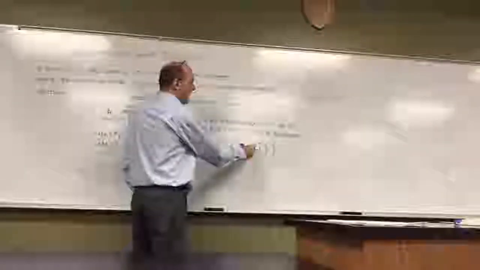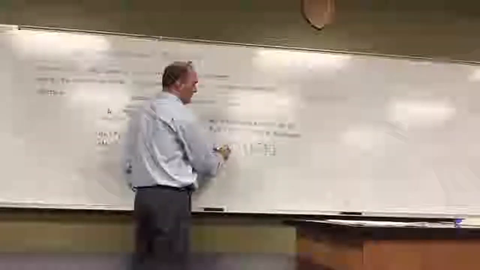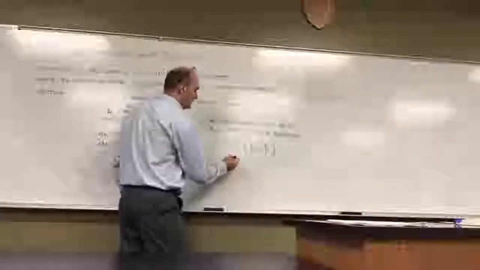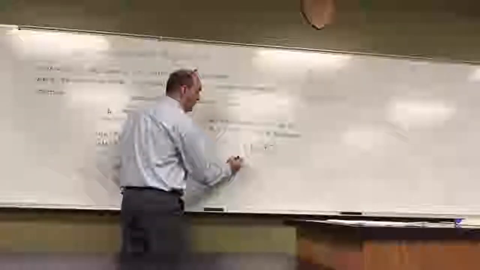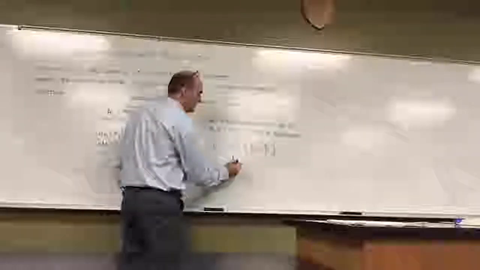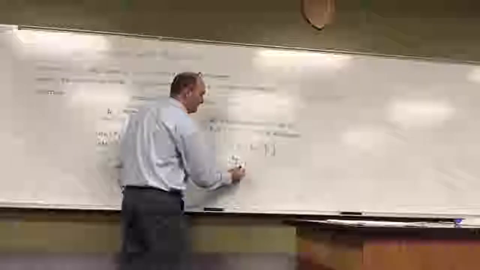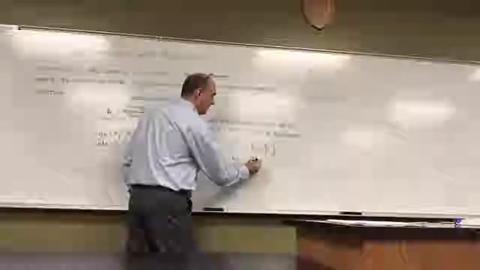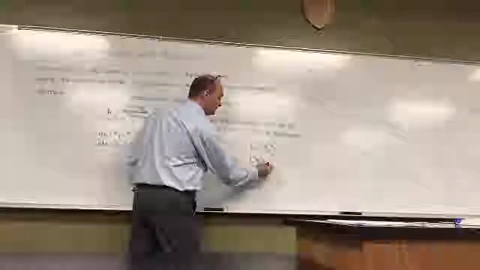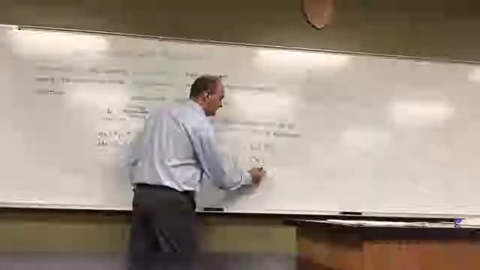Going to move this k over to this side, so it will go underneath this k forward, and I'm going to move that over here. So the ratio of rate constants gets to be the ratio of the species that are in solution.